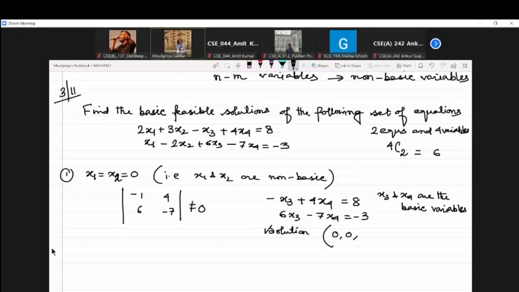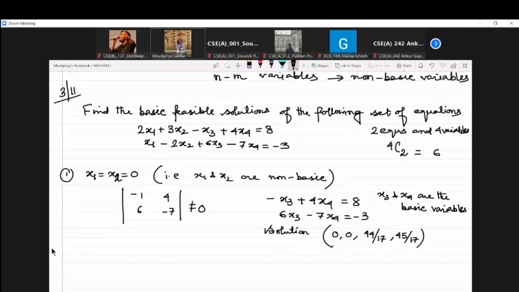What is x3? Fraction is fine, no problem. 2.58 or 2.64? So 42 by 17 and 45 by 17, right? Yes, ma'am.